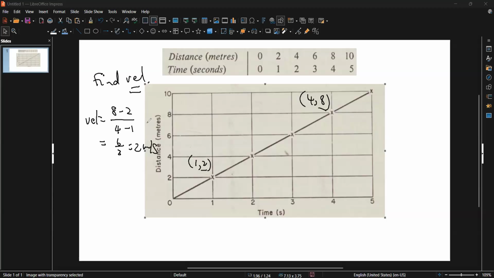Sir, I also used a calculus method and I got 2 as well. Okay, all right. Use anything you want. Just for those who don't know, if you have a graph, let me just mention that because it might not be clear to everyone.